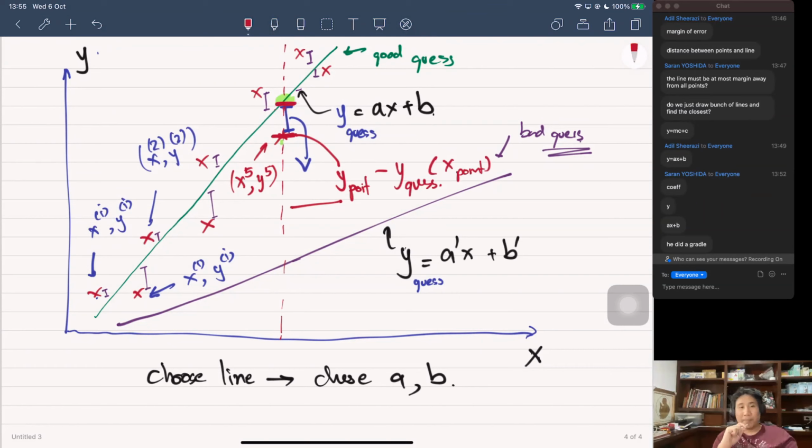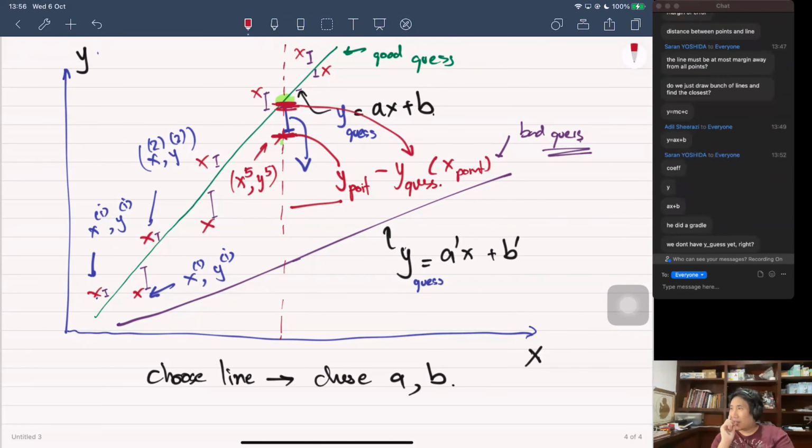Any questions so far? Y guess is the thing below, and if you want to see the difference, you subtract the two. Right, we don't have Y guess yet.